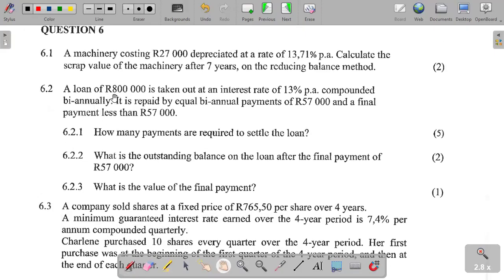So they say a loan of 800,000 is taken out at an interest rate of 13% per annum, compounded biannually.